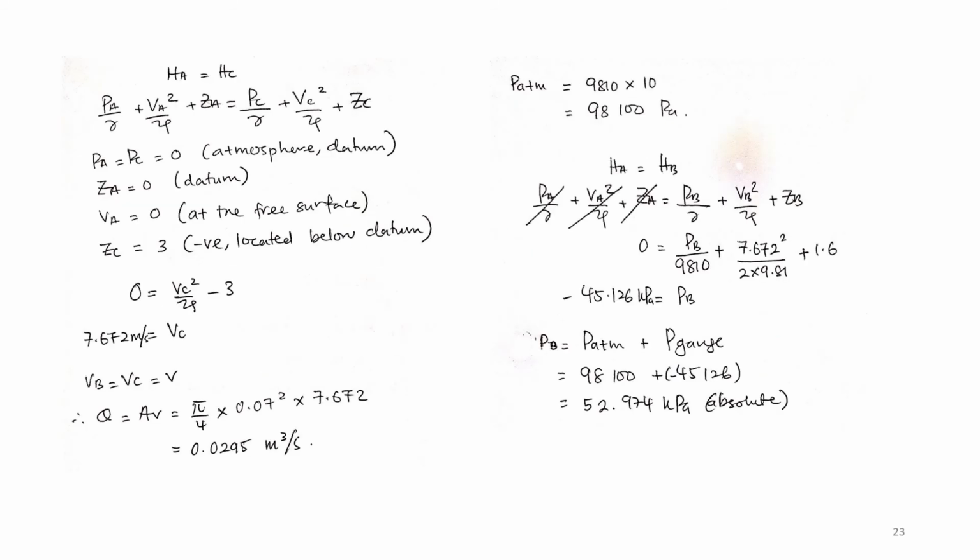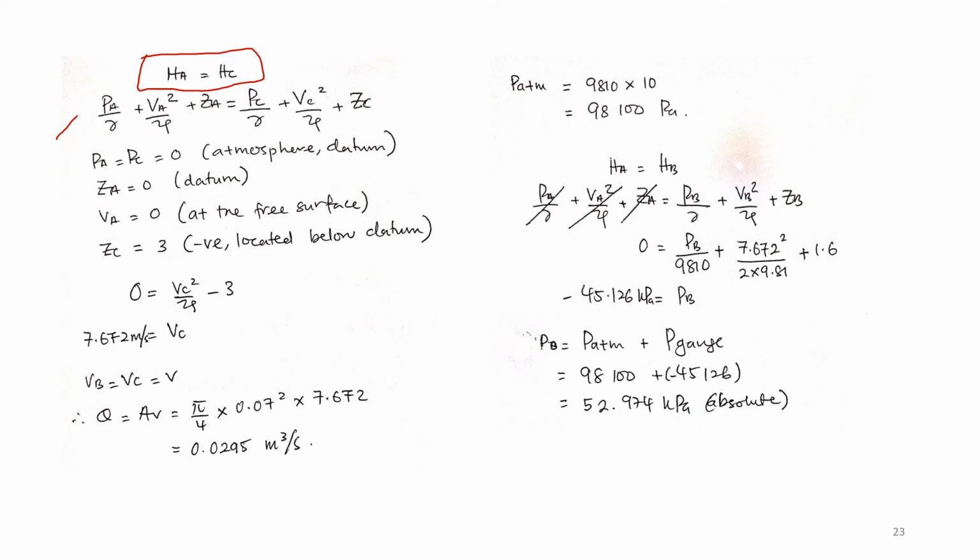Okay, let's go through the solution for the siphon problem. First thing first, you need to remember that you need to write the formula or the equation. So firstly, we compare the head for A and head for C. Okay, then this is how we write the Bernoulli equation.